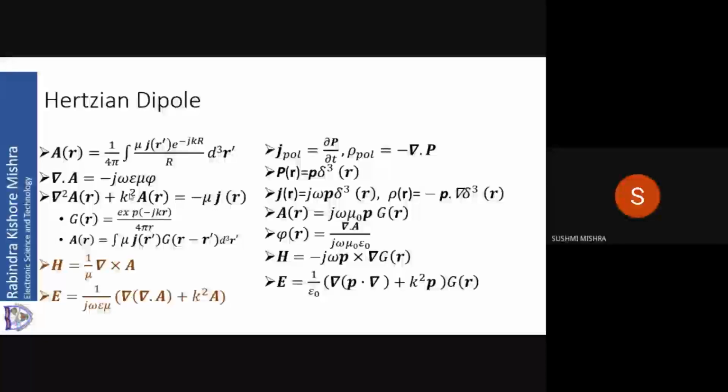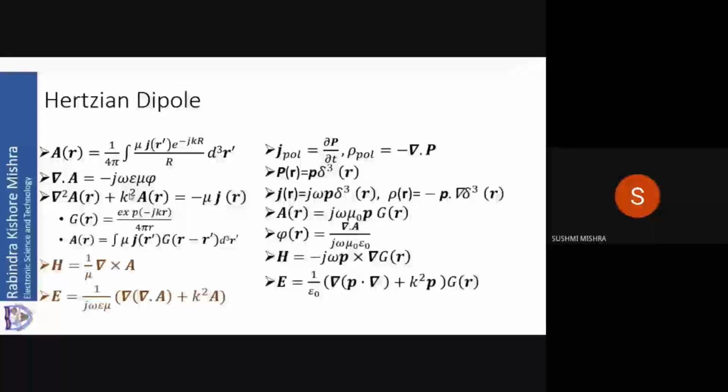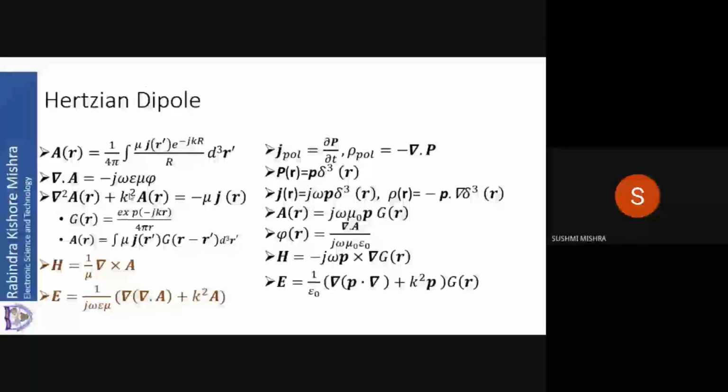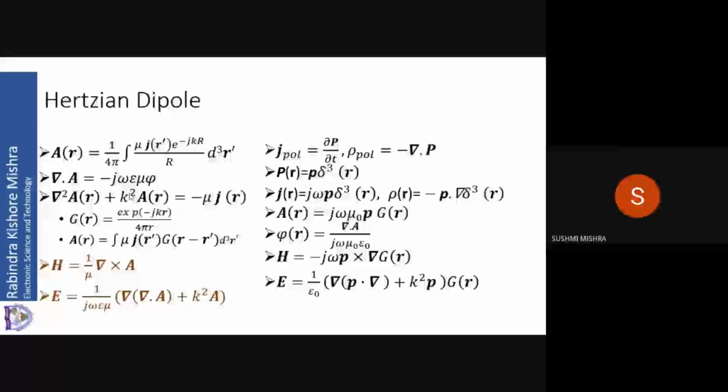Straight away come to the time harmonic form. Before coming to the time harmonic form, we discussed the Hertzian dipole. For the Hertzian dipole, A(r) will be 1 upon 4 pi times the integration of mu J e to the power minus j k r by r over the volume. For that, we defined polarization in the medium, where P is equal to p delta(r), and J(r) is equal to j omega p delta(r).